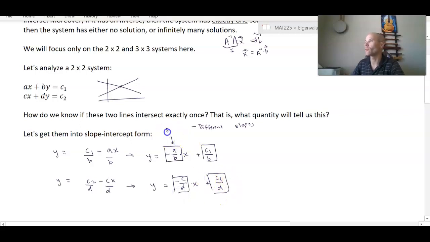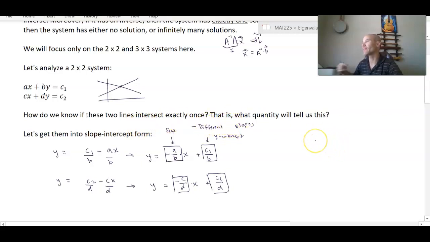So we have slope, we have y-intercept. Now we don't really care about the y-intercepts, all we really care about is the slope. We're saying that they'll intersect exactly once if they have different slopes.